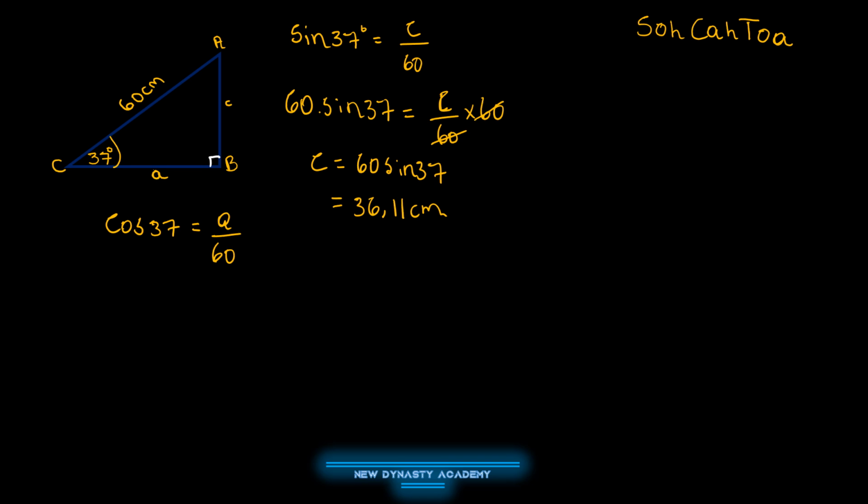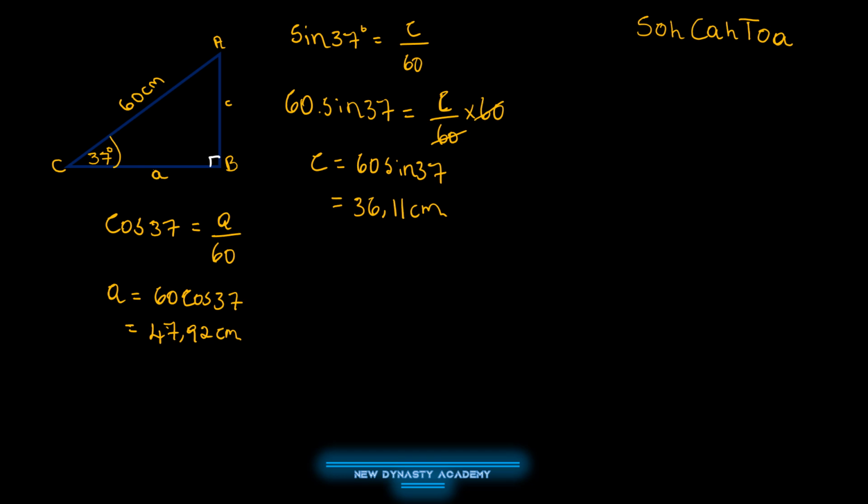So we multiply both sides by 60, which I'm not going to do now, and we can see what we did in the previous step, that we're going to have A equals 60 multiplied by cos of 37. Then you punch everything in a calculator, and you get the answer of 47,92, and the unit of measurement here is centimeters.